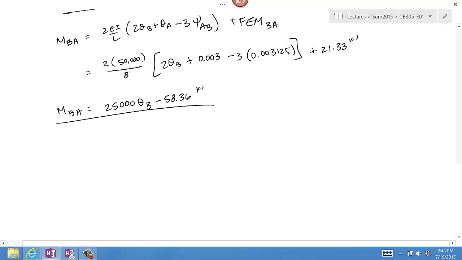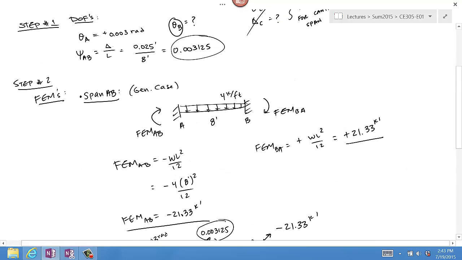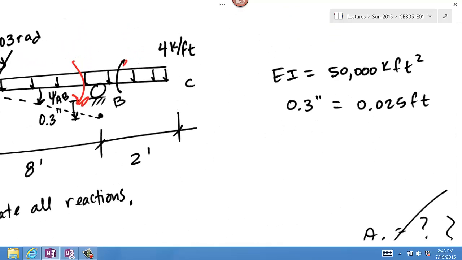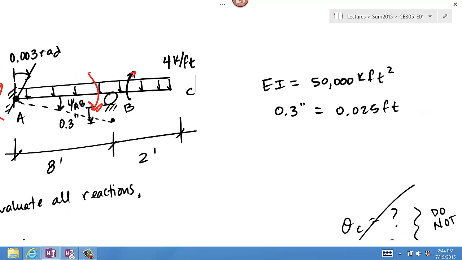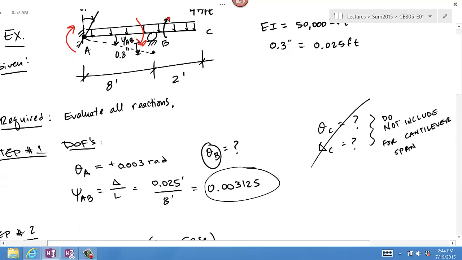So now this brings us to MBC. MBC is the moment here. And as I indicated before a couple of times, we can solve for that directly using statics. So we're going to consider a free body diagram of span BC, where at B, just to the right of the roller, you're able to develop a moment.